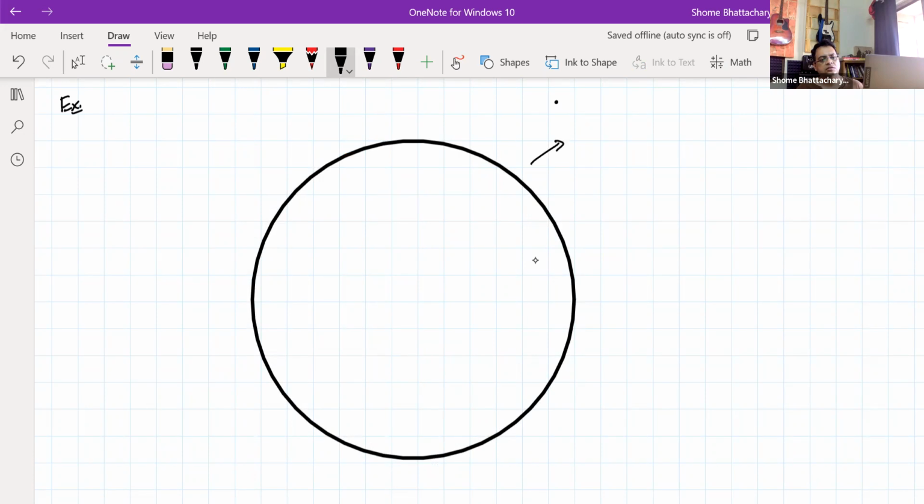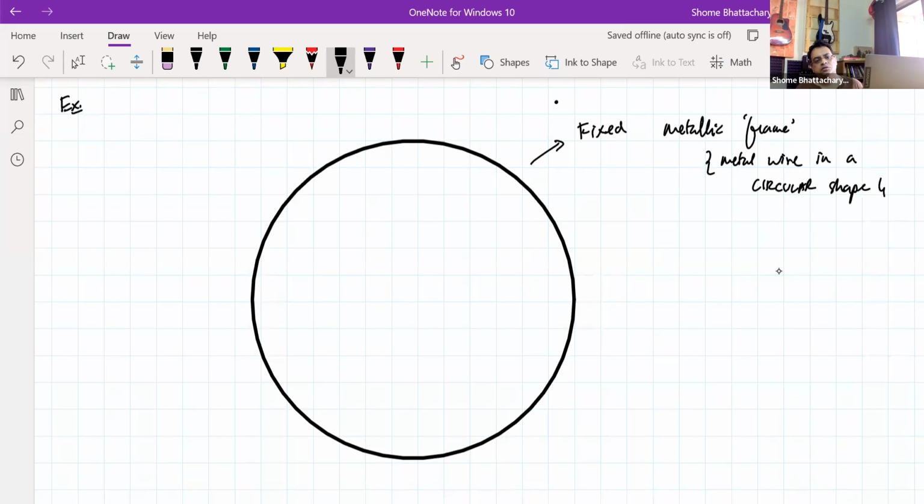So this is a fixed metallic frame, like a metal wire in a circular shape, of radius let's say 5 meters.